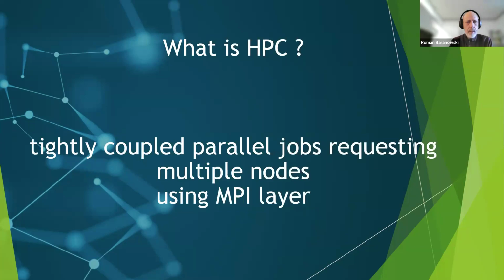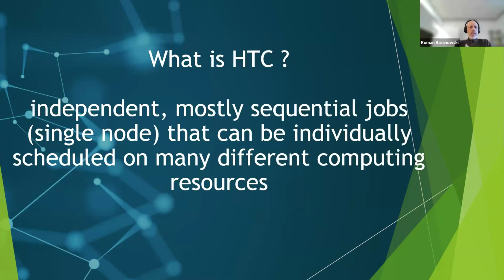On the contrary, HTC means independent, mostly sequential jobs which run on a single node and don't need access to a different node. They can be individually scheduled on many different computational resources.